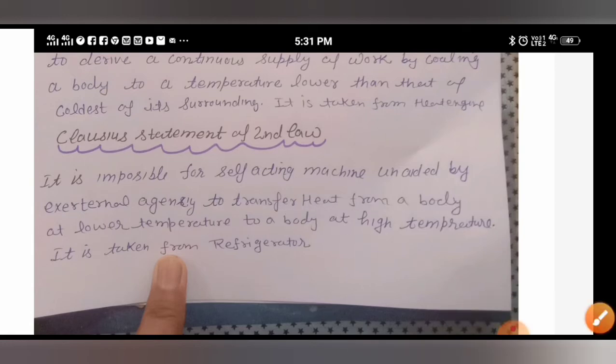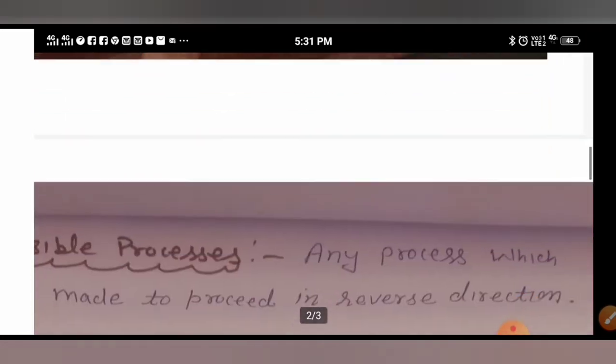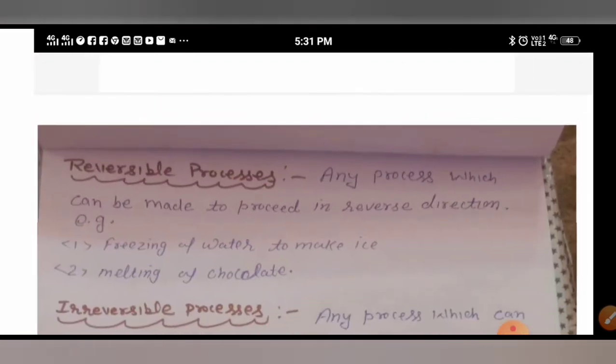Refrigerator is transferring the heat from cold body to hot body. Okay, that means from objects to surrounding. And according to this Clausius statement, it is impossible for any self-aided machine to do this. Okay, so these are the two statements of second law of thermodynamics. I hope that these two statements are clear to you all.